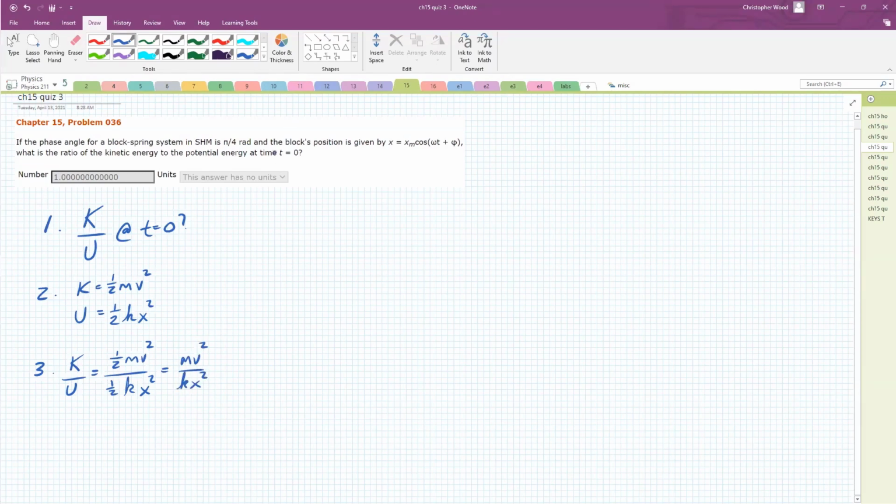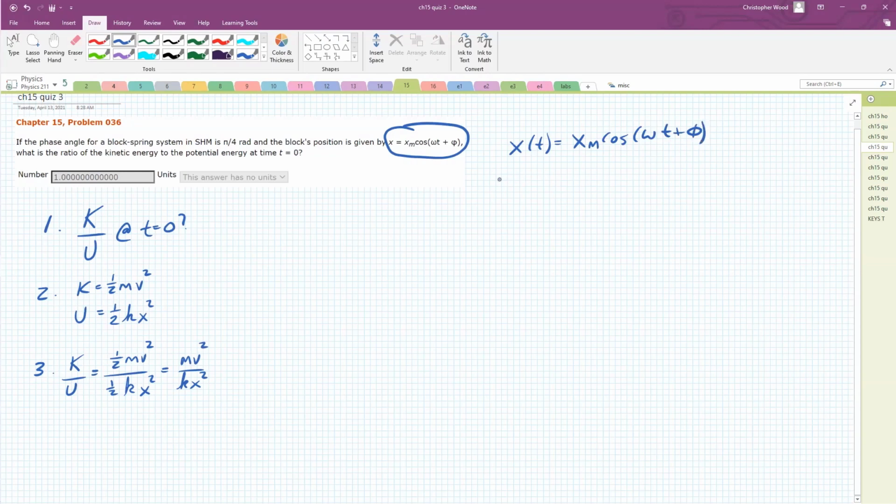Okay, so let's keep going with this. Once again, they actually gave it to you. So they said, in case you forgot, this is our displacement function. So at any moment in time, my displacement function is x sub m cosine of omega t plus the phase shift.